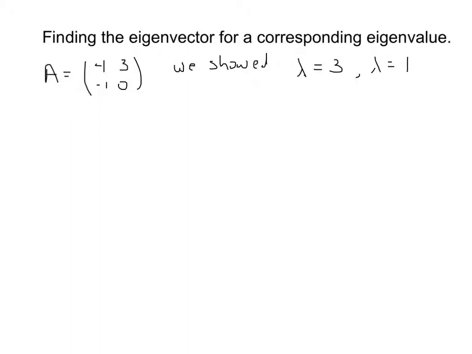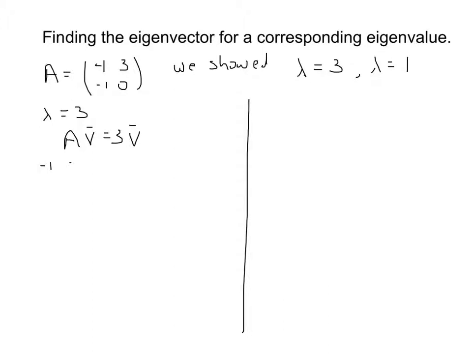Okay, so we're going to start with lambda equal to 3, and we build what we know to be true, that if you're going to be an eigenvector, then A times an eigenvector would end up being 3 times that eigenvector after it has been multiplied by A. And so let's do that.